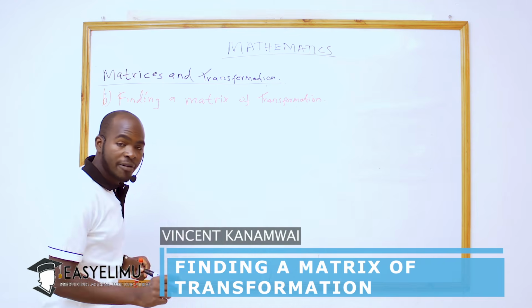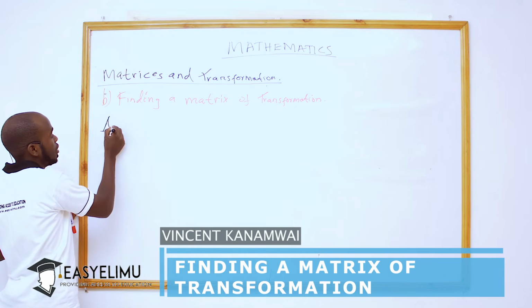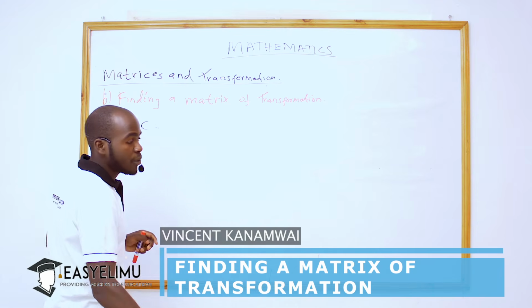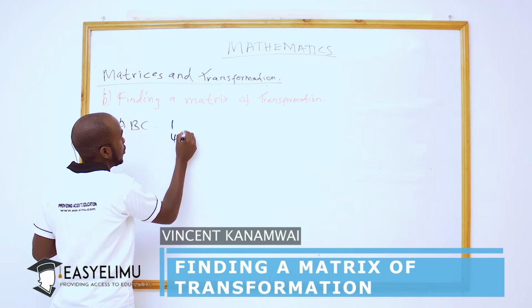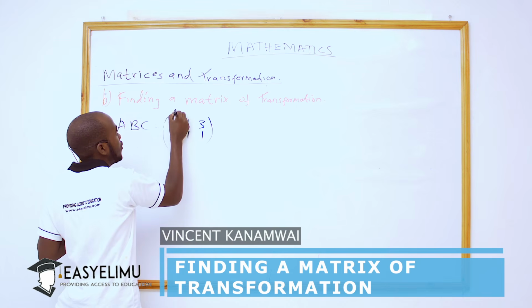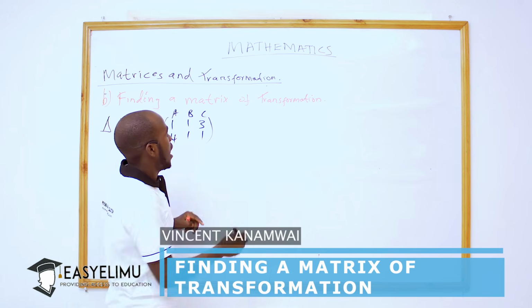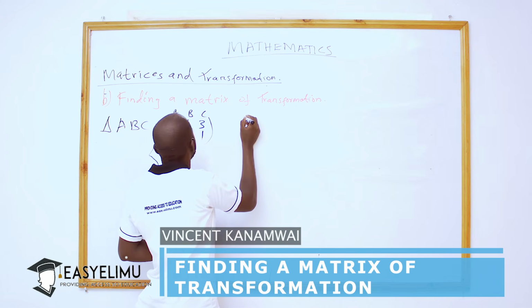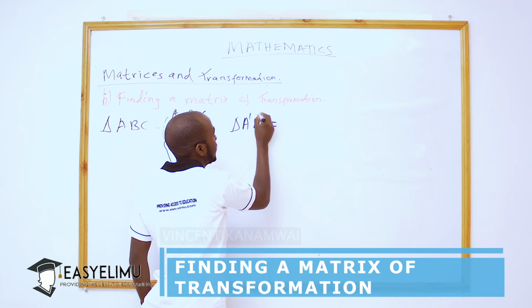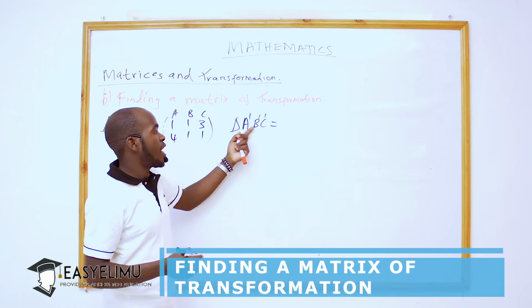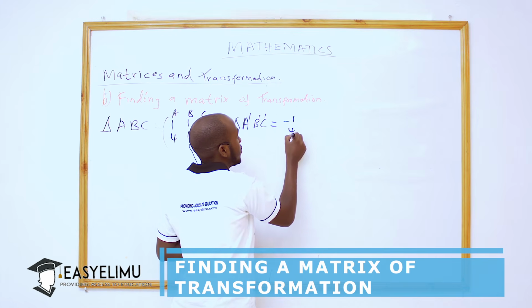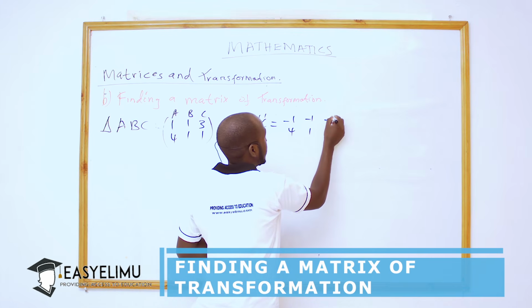For instance, having a given triangle, let's say triangle ABC, with position vectors of 1, 4, 1, 1, and 3, 1 as the values of A, B, and C. And here the image of that triangle, A prime, B prime, C prime, has negative 1, 4, negative 1, 1, and negative 3, 1.